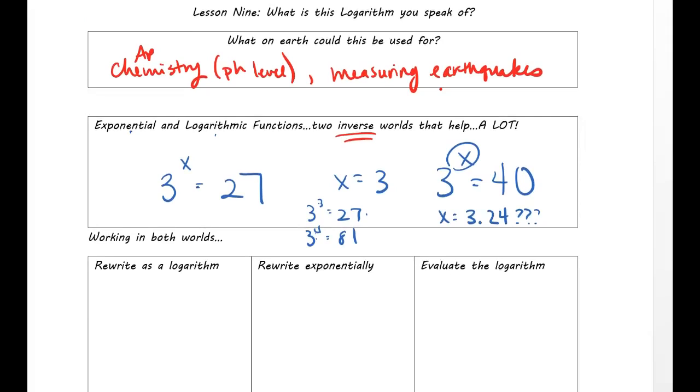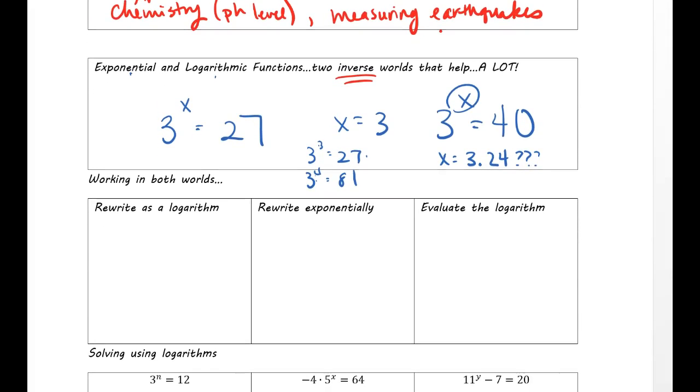All right, cool. So working in both worlds, the first thing you need to understand is how to rewrite this as a logarithm. If you have a base A written up to some power B, and it equals some value C, I basically recopied this just without numbers, okay?